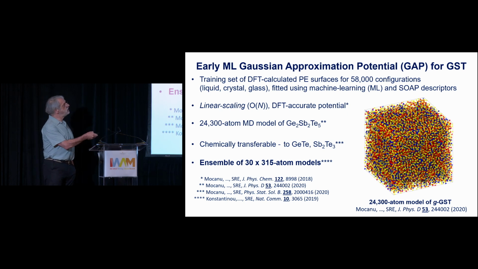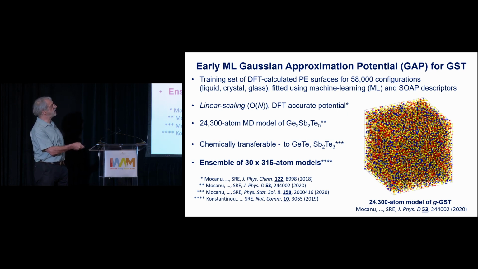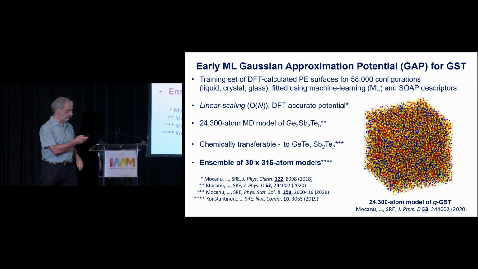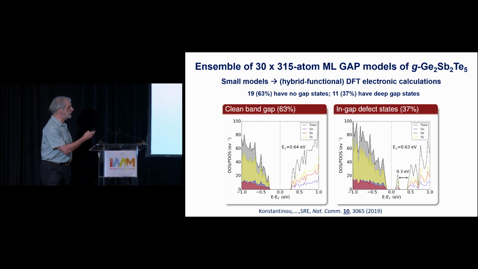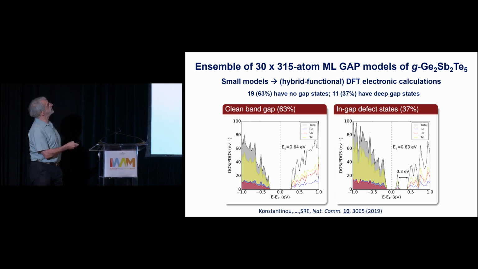The point is, you cannot do a proper DFT electronic calculation on something this big. You can only do it on very small models. So to get around this, let's make lots and lots of them, an ensemble, and look at the statistics of this. And that's what we did. So we took 30 models of this 225, and we found this rather interesting, surprising behavior.